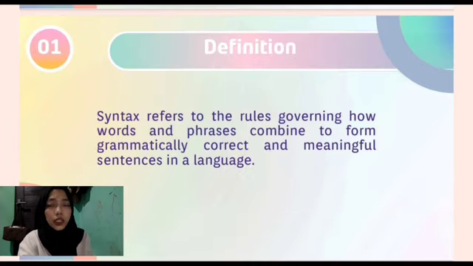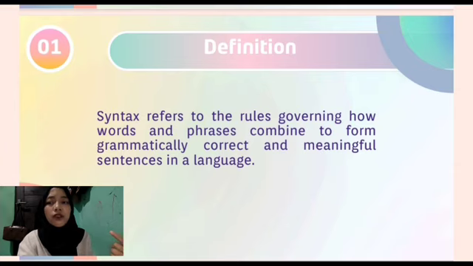So the definition of syntax is the branch of linguistics that focuses on how words and phrases are arranged to create meaningful and grammatically correct sentences. It studies the structure of sentences and the rules that determine how words combine. In other words, syntax is what allows us to make sense when we speak or write.